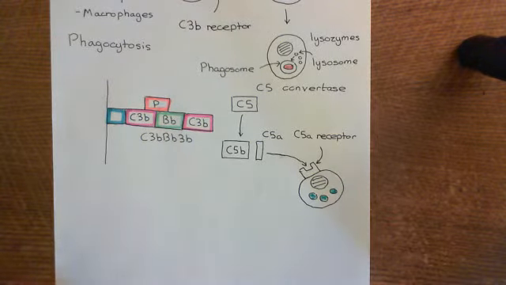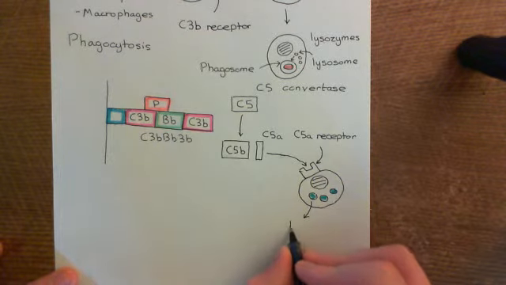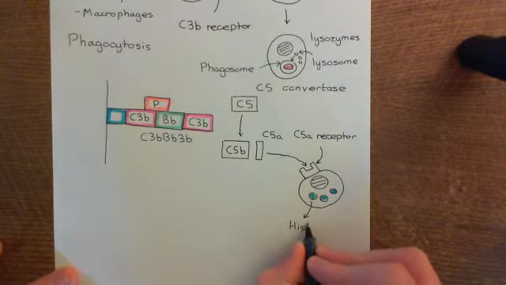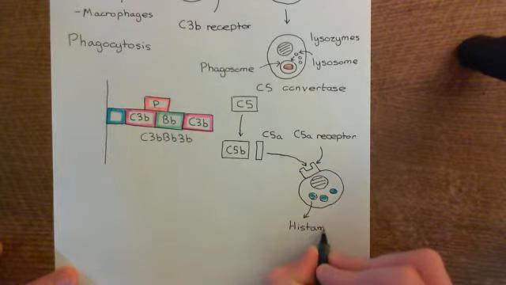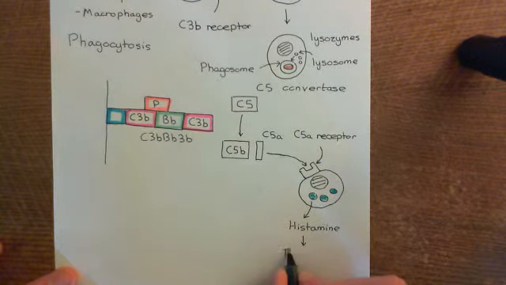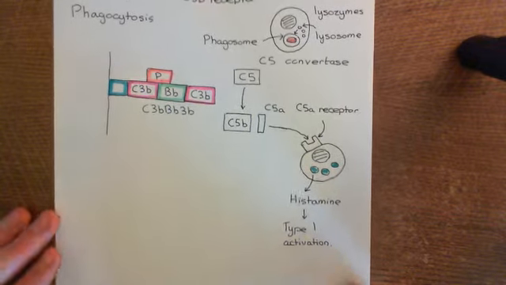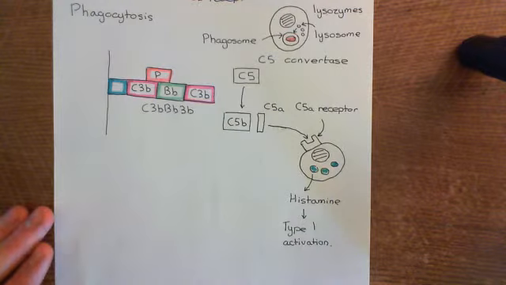And then when you release this histamine into the interstitial space, this will, as I said earlier, go on to cause type 1 activation of the endothelial cells. Right, so now let's turn our attention to C5b.